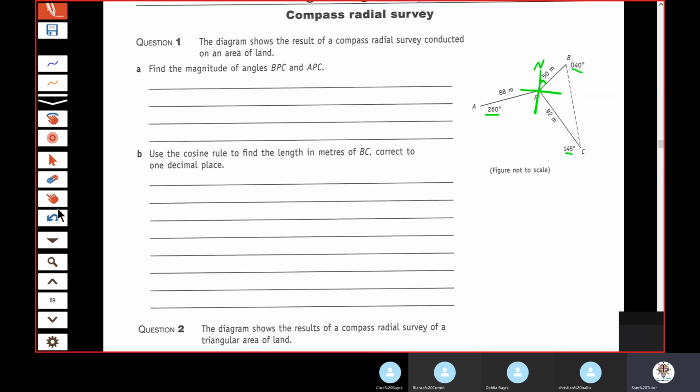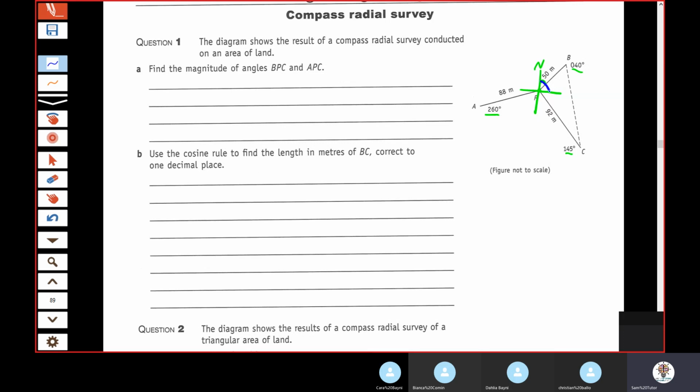Oh, that must be 50. No, wait, the length is 50. The angle must be to this line, 40 degrees. Let's do it again. I think you'll see it a little bit better when you see the next one.